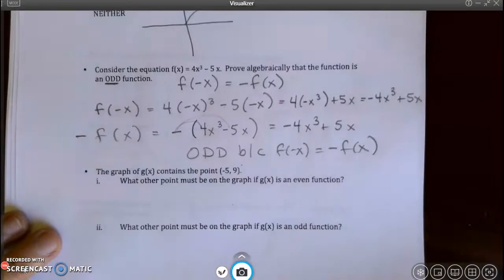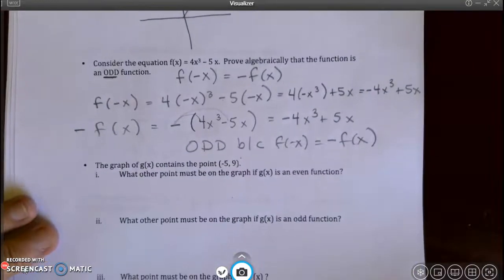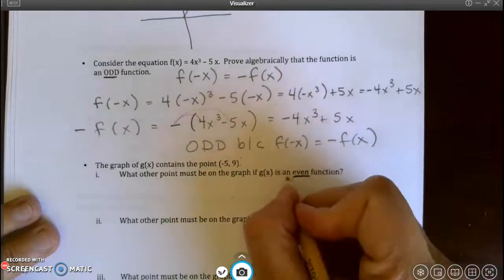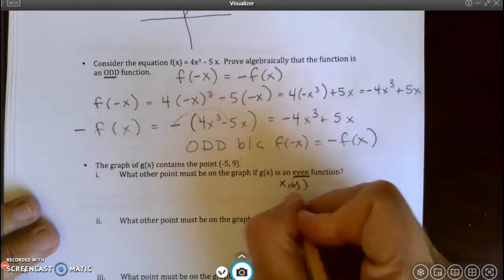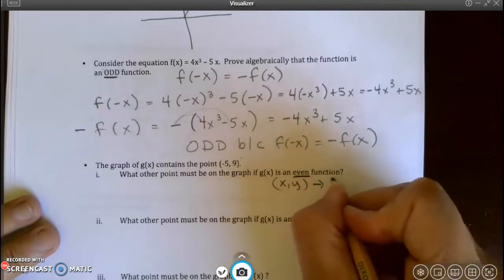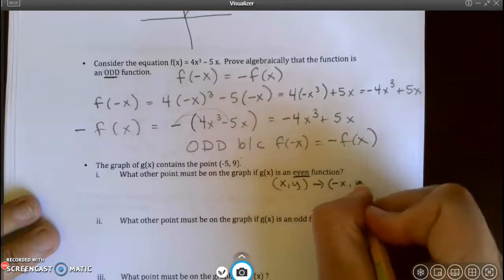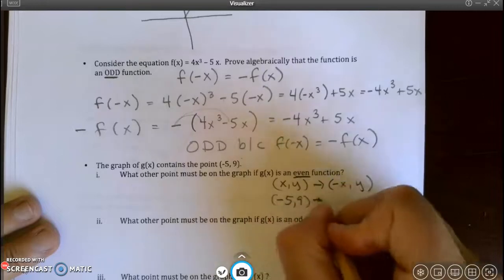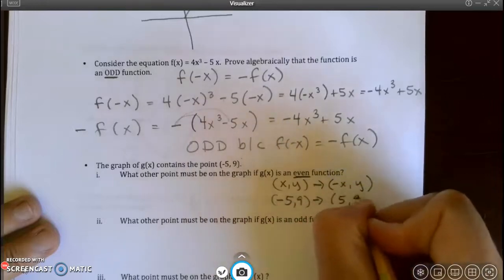This is now the third time we've done a question like this. The graph contains the point negative 5, 9. What other point must be on the graph if it is an even function? Even, remember, reflects over the y-axis, so the only thing that changes is x. So negative 5, 9 becomes 5, 9.